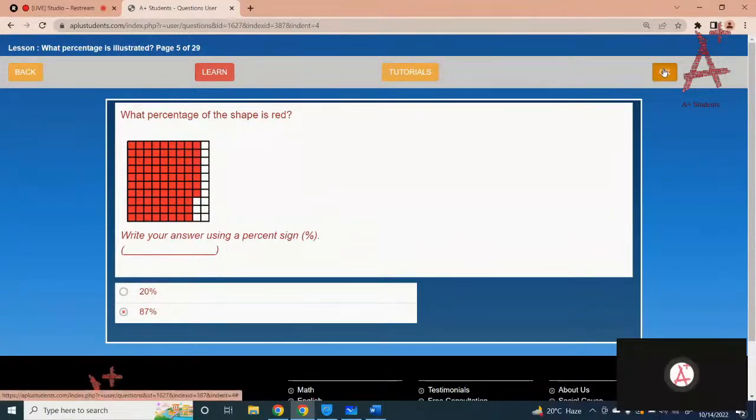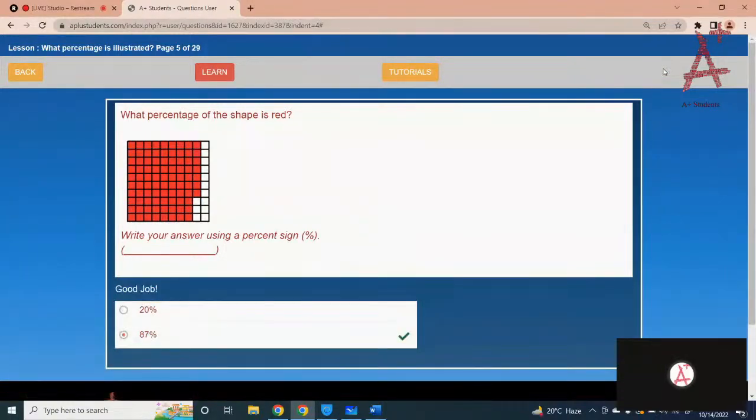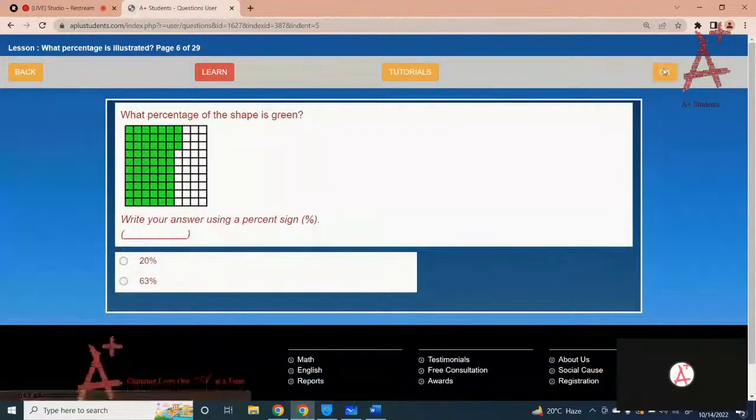So select the correct option and click on the OK button. Okay, what percentage of the shape is green? 20% or 63%? Yes, that is 63%. Very good.